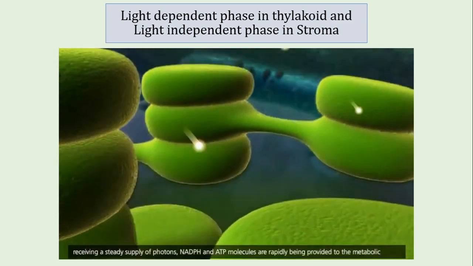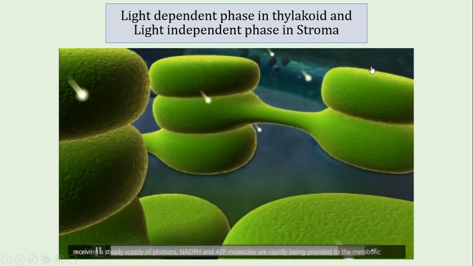By this process, numerous ATP and NADPH molecules are produced, and they float freely in the stroma to supply the necessary energy for the C3 cycle to produce glucose.